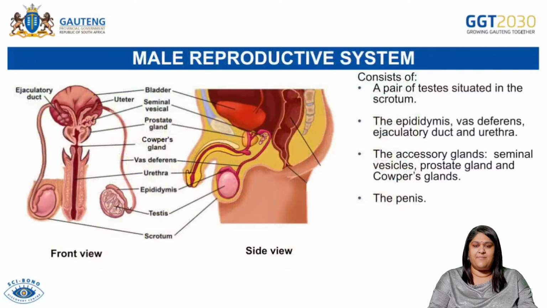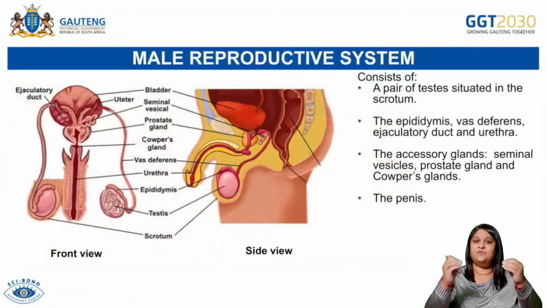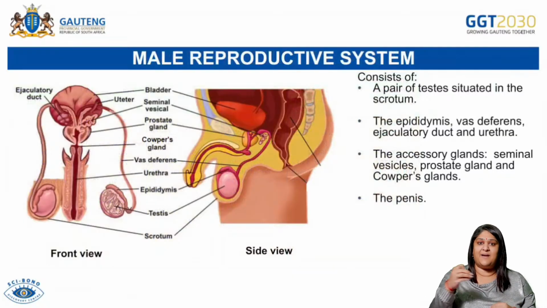So if it is damaged, it cannot do that. And if the sperm cells cannot be transported, they cannot be released from the body and fertilization cannot take place, which can lead to infertility. Okay, so in life sciences, they don't always ask you the function straight out, but you need to know the function in order to apply yourself to the question that they're going to give you.